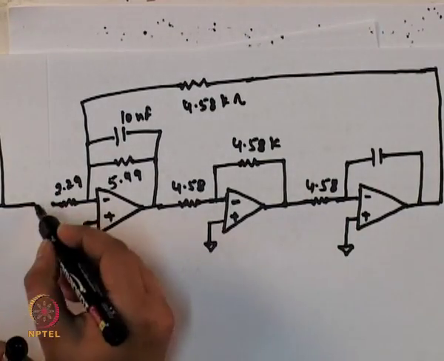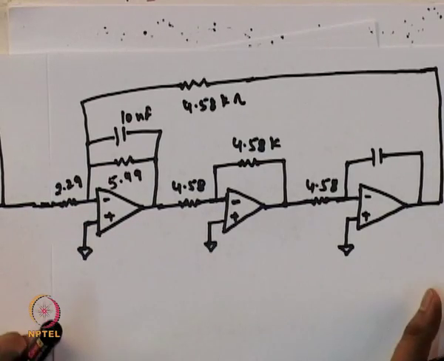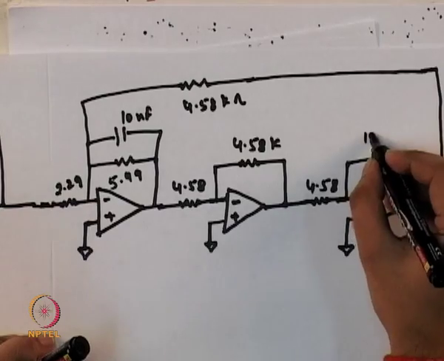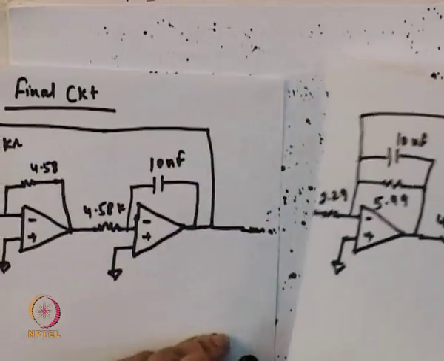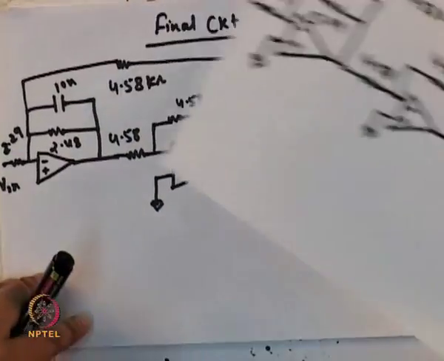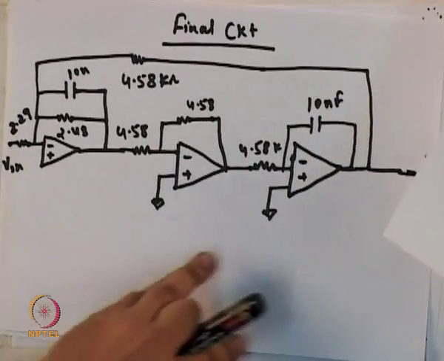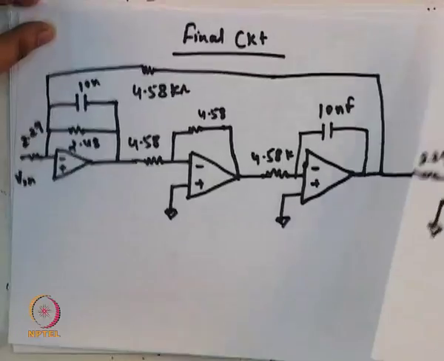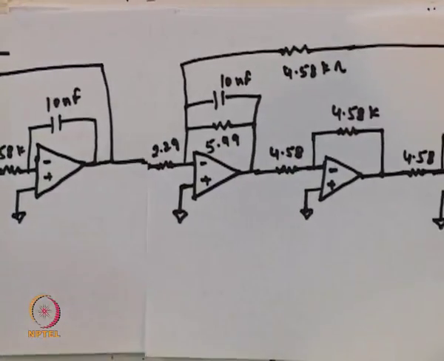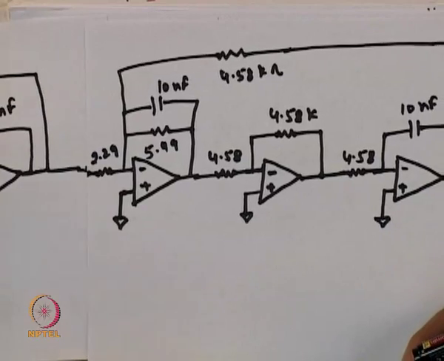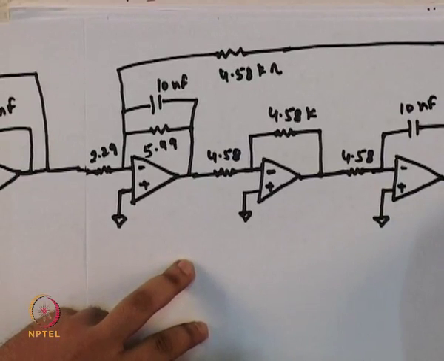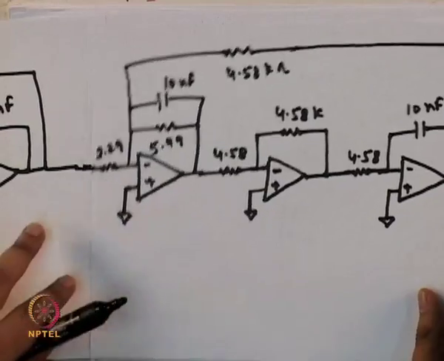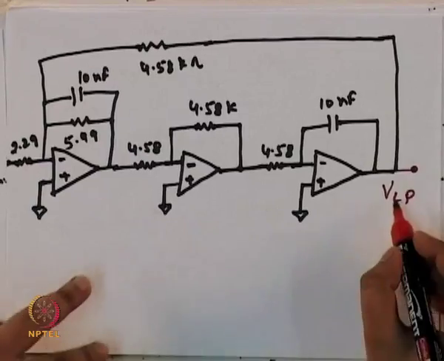This is the final filter. On the screen you will notice two parts, so I will cover them like this. This is the first filter, then you just cascade it and have it like this, and the output would be here, VLP.